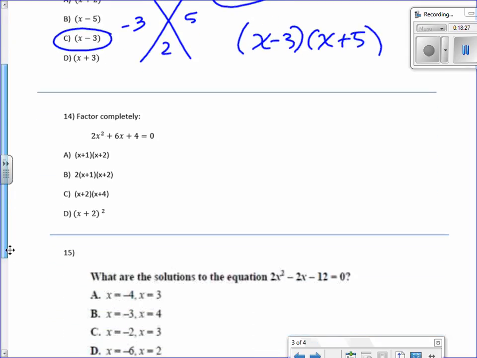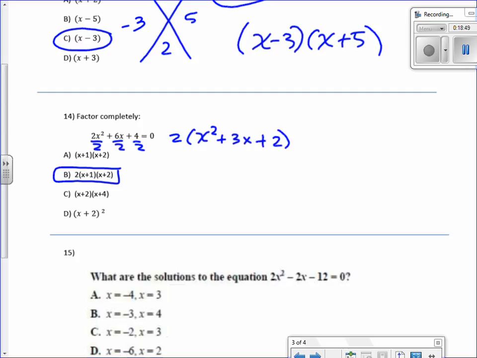All right. Number 14, factor completely. Always check for your GCF. The GCF is 2. So that gives me 2 times x squared. Notice how I always put that GCF in front. That's one of the factors, which tells me the answer is this, but we can still go ahead and do the work.